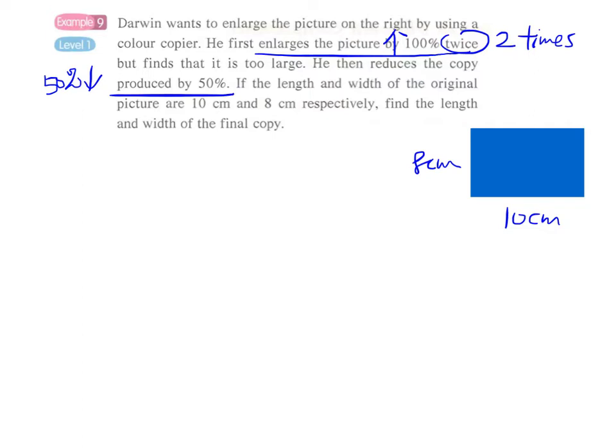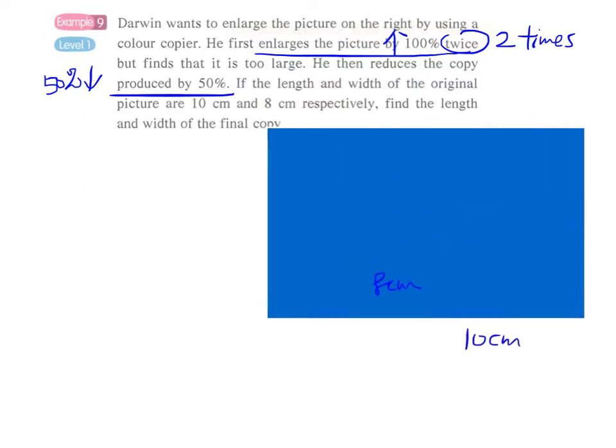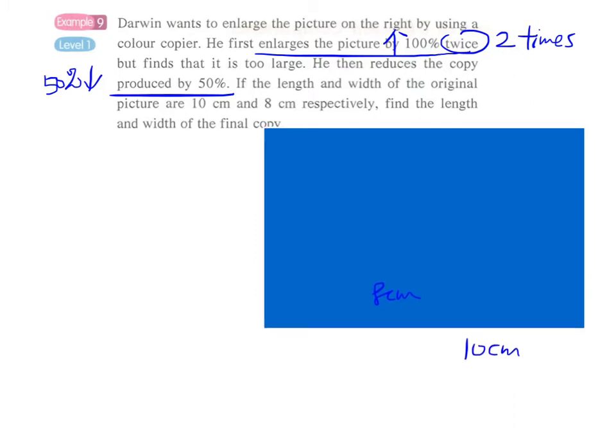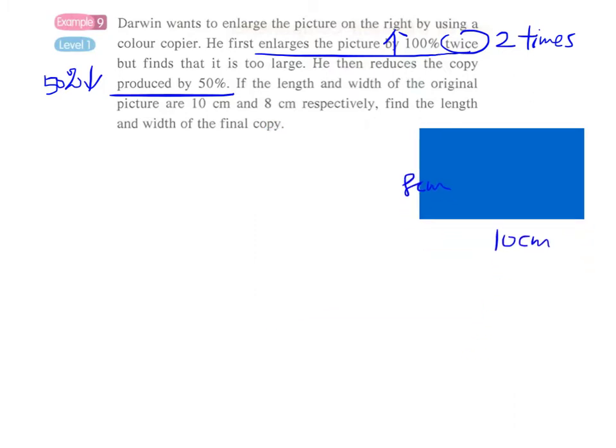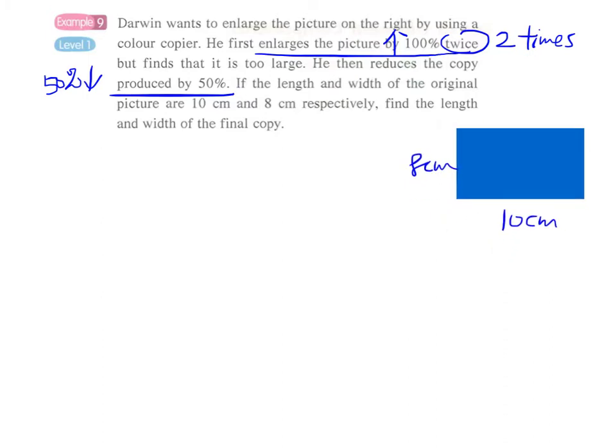And so the problem will be like this one. The image is enlarged by 100% twice, and then it is reduced again by 50%. So let us find the final length of the picture first.